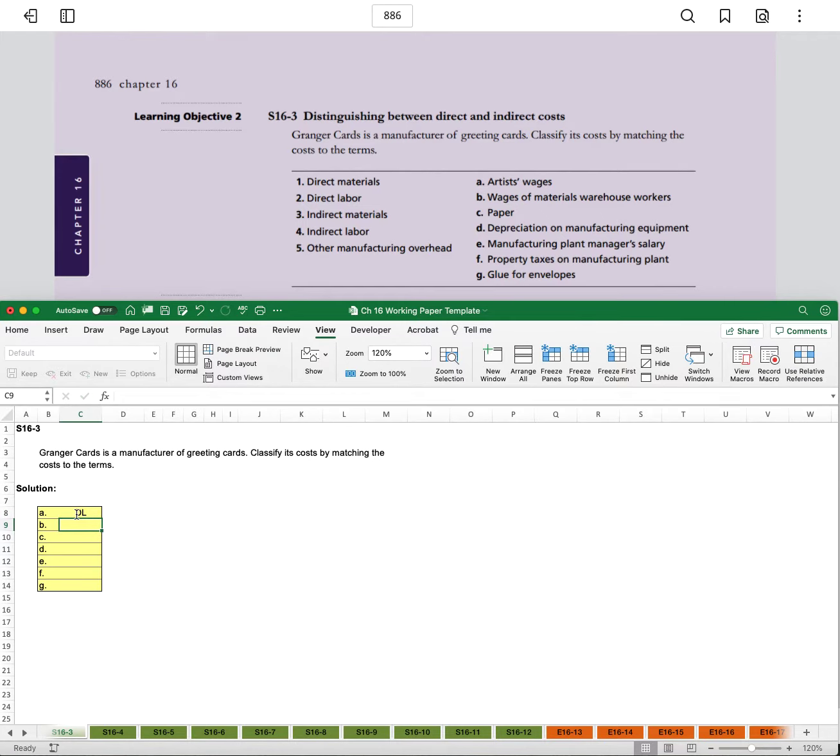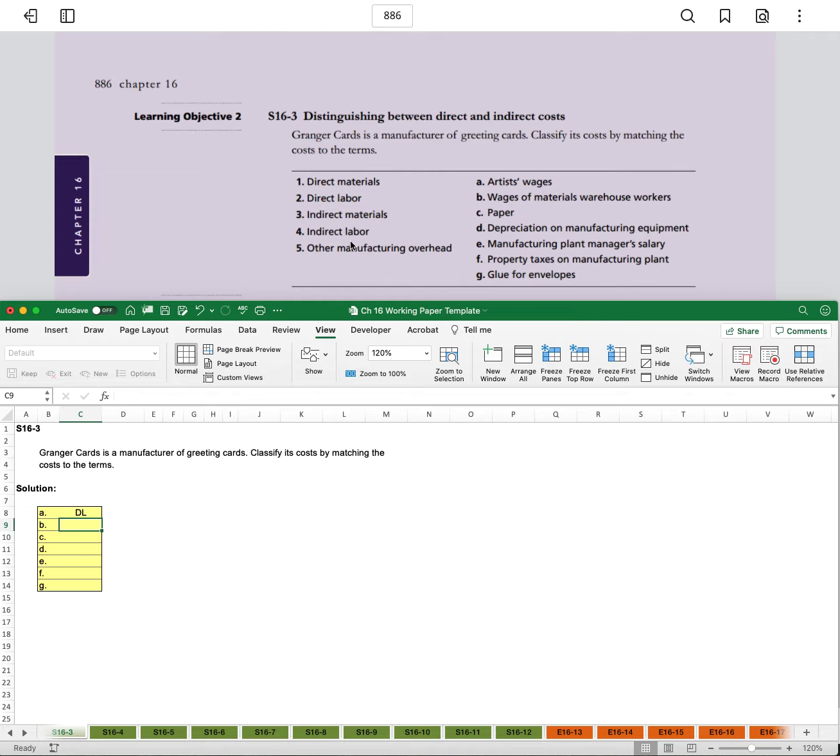Wages of materials warehouse workers. And so again, that's going to be labor. It's a question of direct or indirect, and it is indirect because the materials warehouse workers are not working on a particular card at one time, but they're necessary to get the job done.